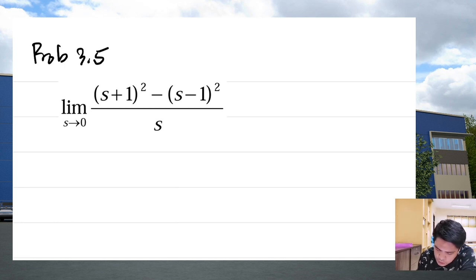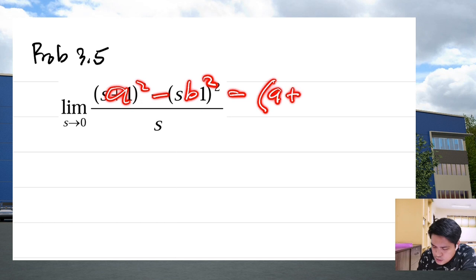So pareho pa rin. If you notice again, this is in the form a squared minus b squared. Diba? So wherein our a is s plus 1 and b is s minus 1. So therefore, this could be factored out. If this is a squared minus b squared, this could be factored out as a plus b times a minus b.